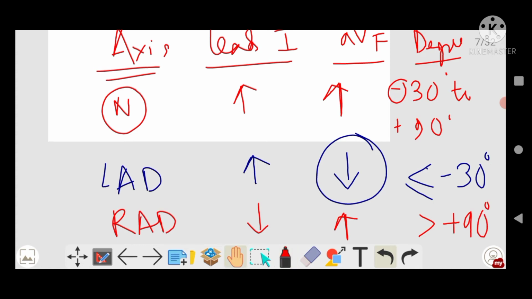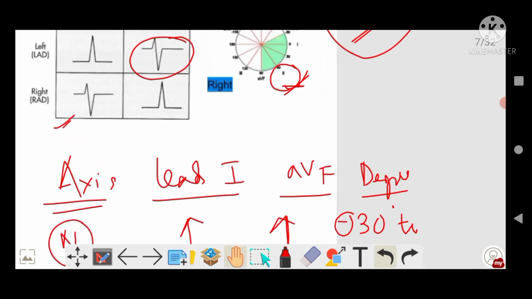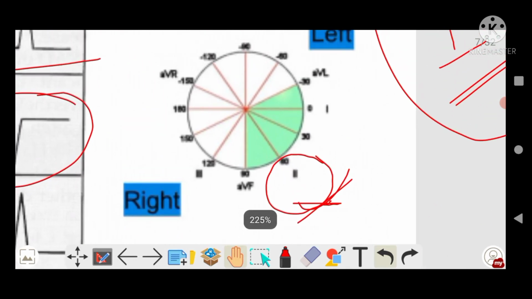I hope you are clear, right? So this part is your normal axis, -30 to +90, correct?